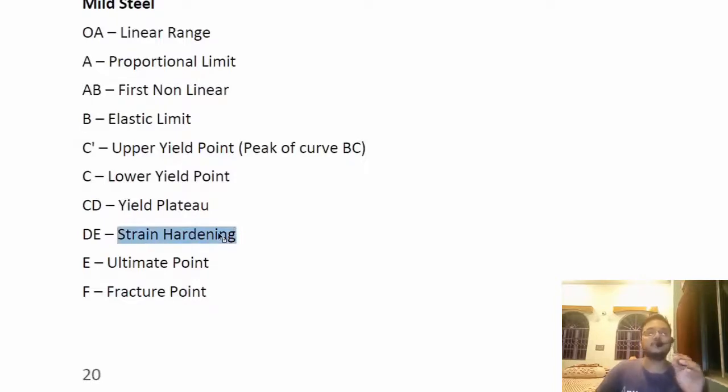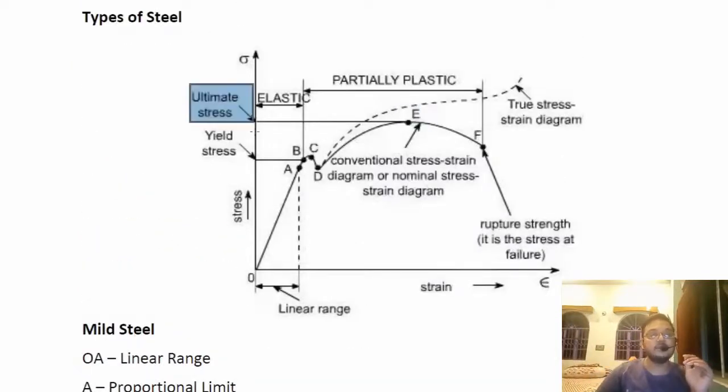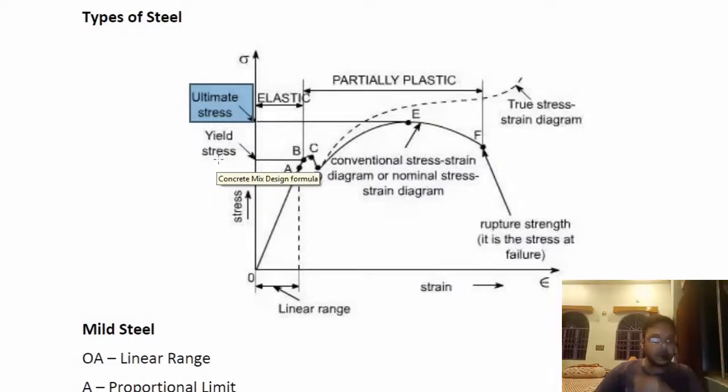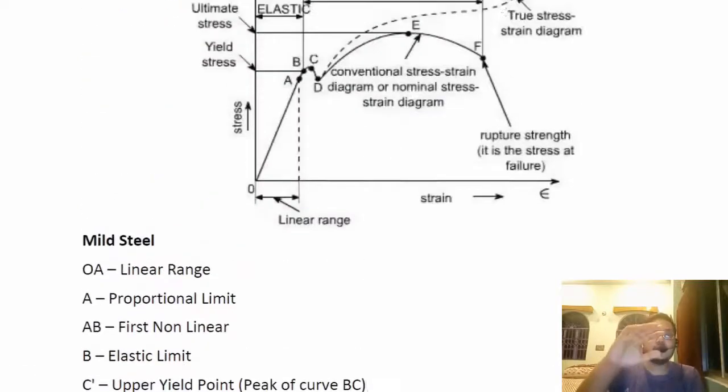Some strain has formed in the steel, but it is able to take some more stress until the ultimate point, that is E, which is known as the ultimate stress. This is the maximum amount of stress a steel member can take.